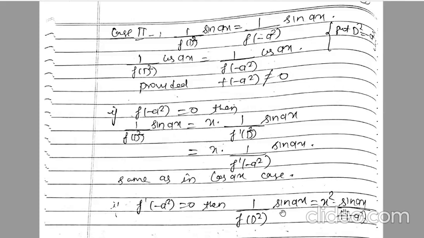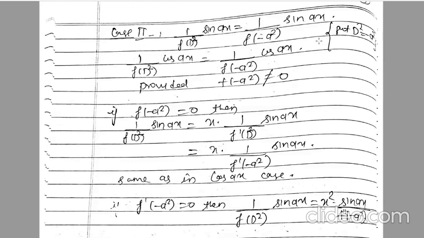Now, case second. If your right hand side is in the form of sine or cos, then what will be the particular integral? So 1 upon f(D square) sin ax is equal to 1 upon f(minus a square) sin ax. That means you will put D square is equal to minus a square. Right? If you have a function of D, you will put D square is equal to minus a square.